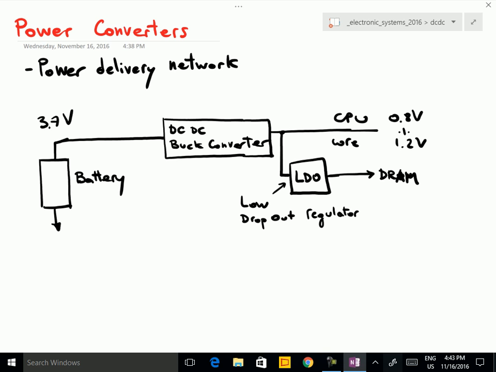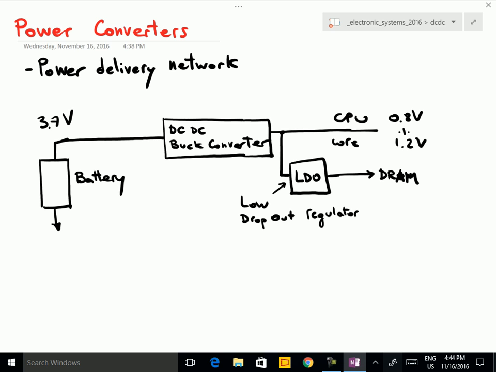Low dropout regulator is a linear regulator. Okay, a linear regulator of the type that you have seen in the first course in electronics is a series regulator. Essentially, the advantage with respect to a switching regulator is the fact that you can provide a very well regulated voltage without ripple.